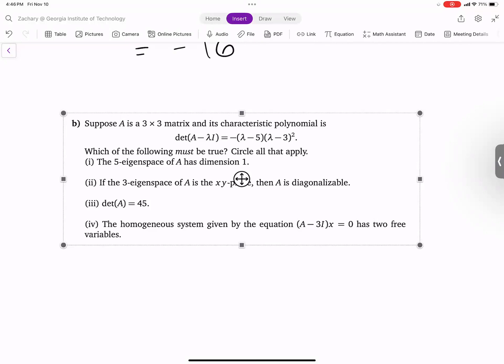That's not it. Sample 3B, 3B. This is not it. You said midterm 3B.